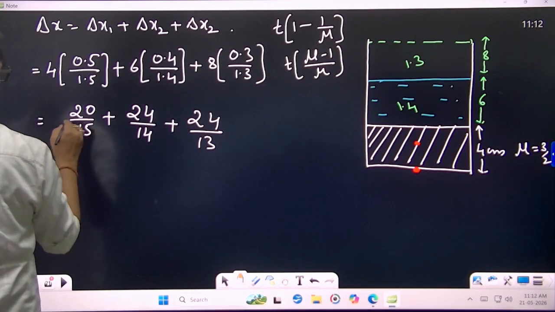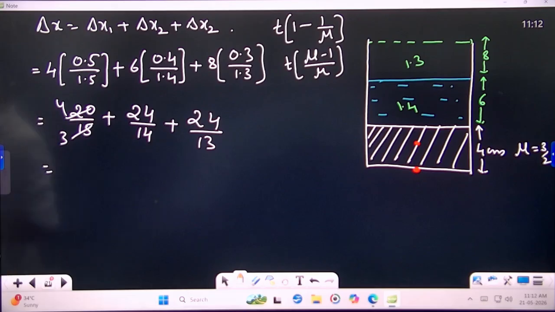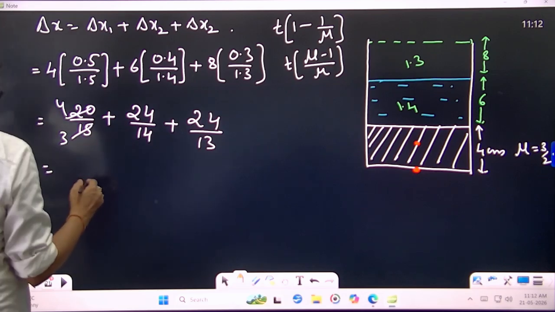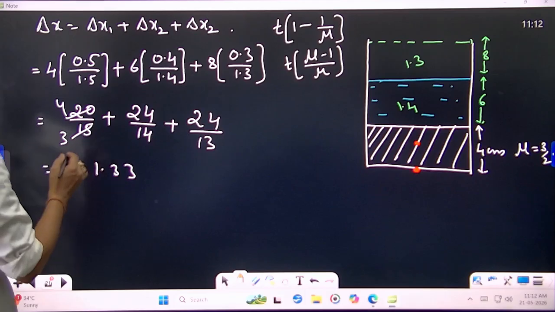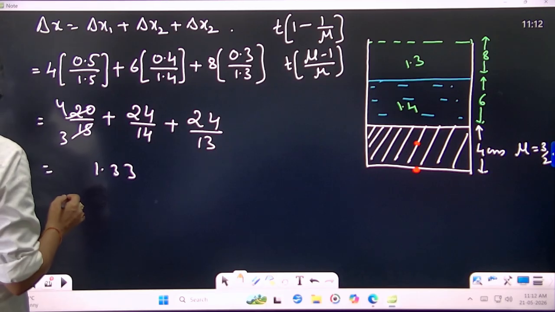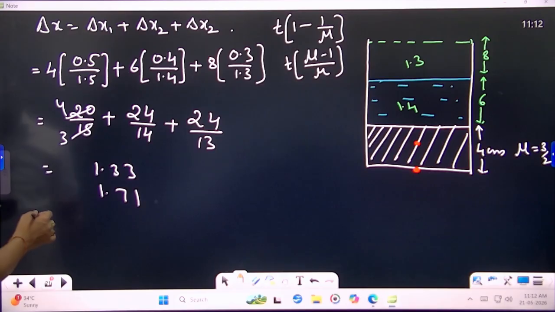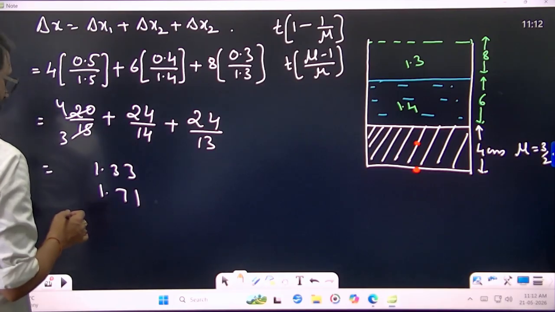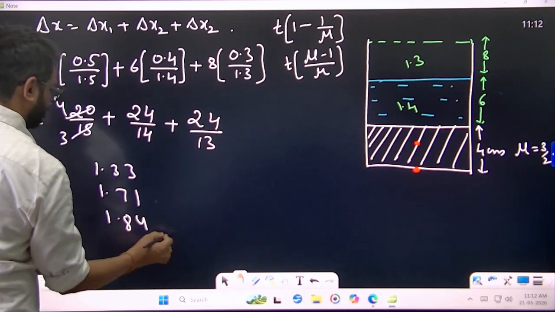So this is 4 by 3, which is 1.33. Then next one, 24 divided by 14 is 1.71, and 24 divided by 13 is 1.84 approximately.